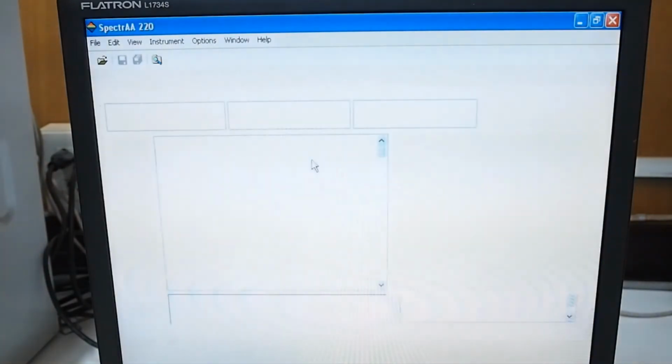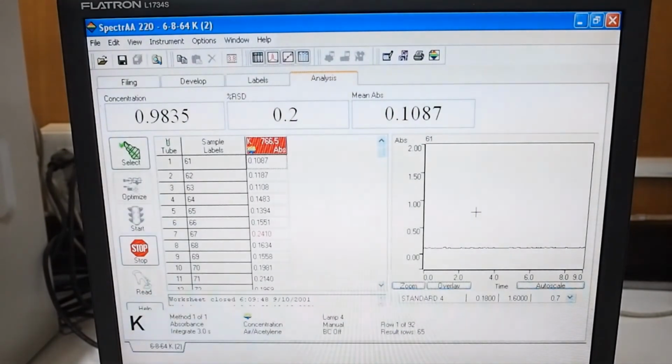A 2 ppm sample will give a reading of about 0.22 absorbance unit.